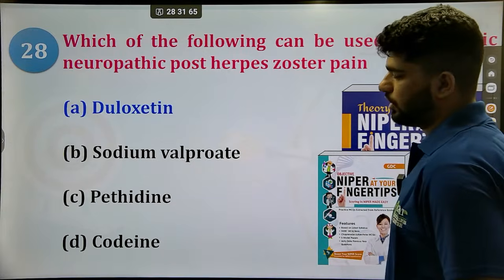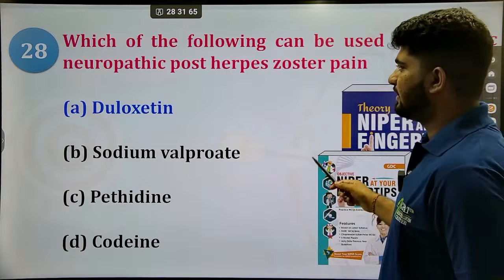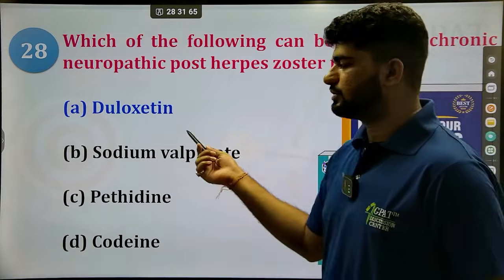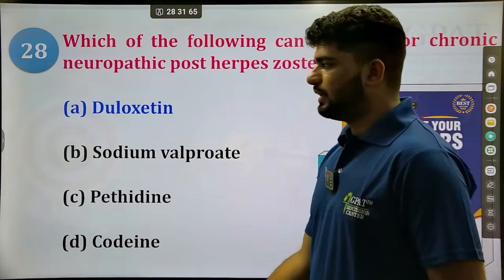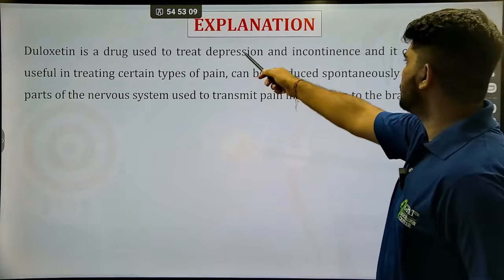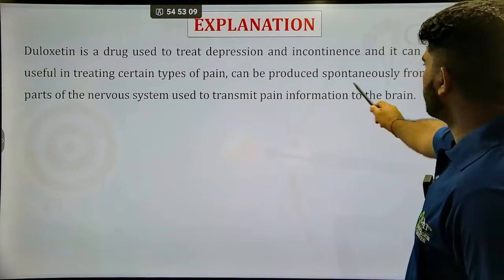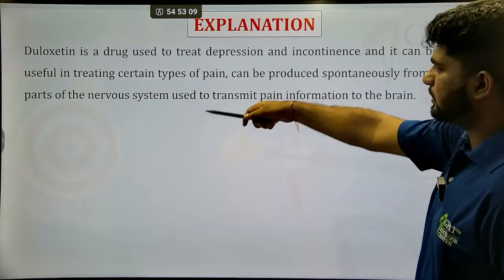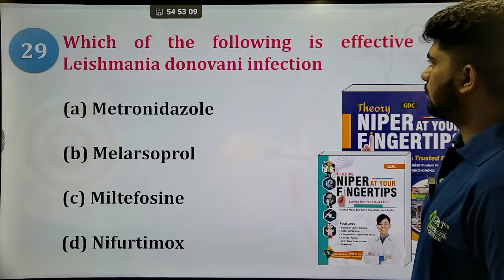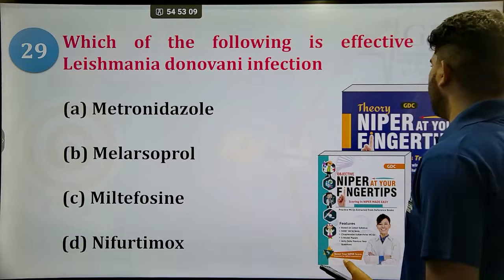That's your duloxetine over here, which is used in anti-anxiety as well as anti-depression, an SSRI, duloxetine. Used to treat depression and incontinence. It can also be useful in treating certain types of pain produced spontaneously from damaged parts of the nervous system.